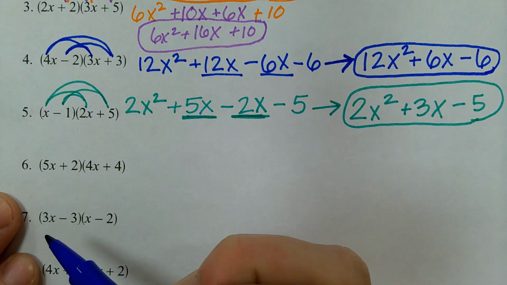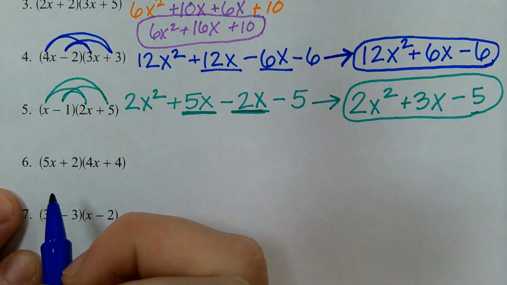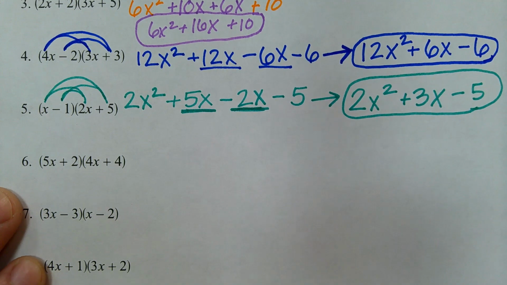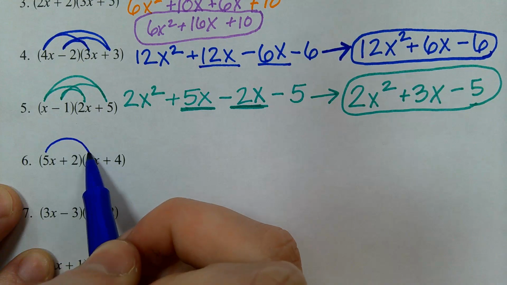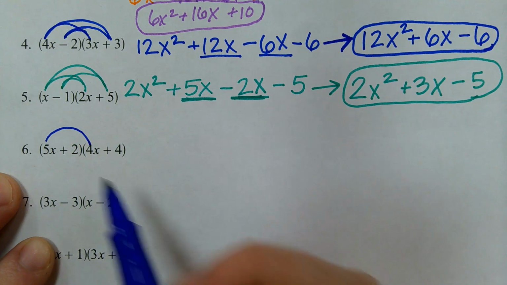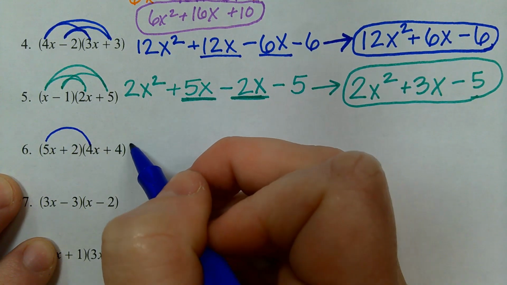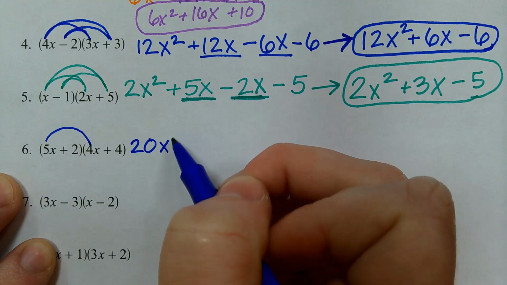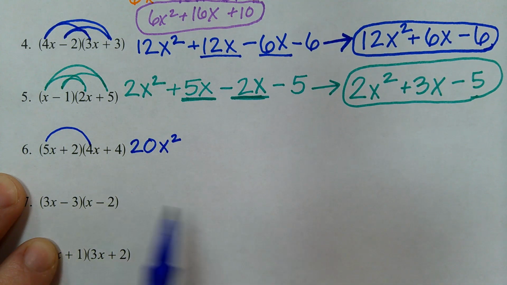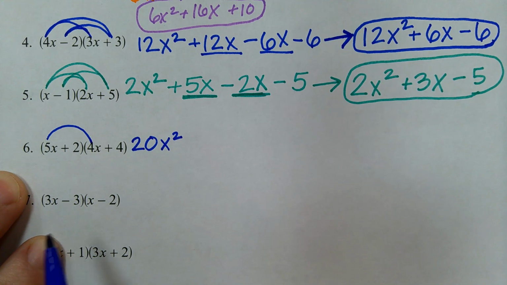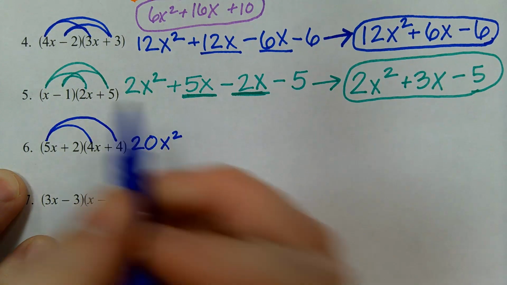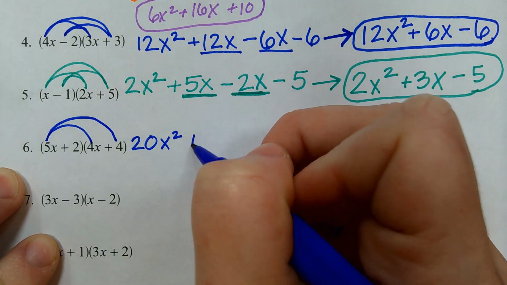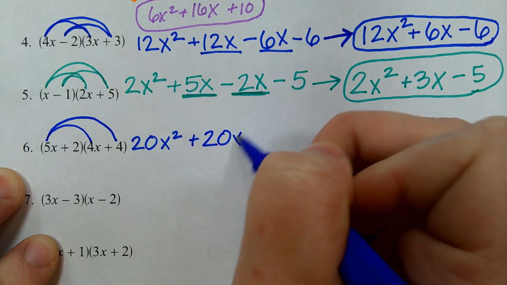Okay, let's go on to number 6. 5x plus 2 times 4x plus 4. 5x times 4x is 20x squared. Next step. 5x times 4 is 20x. Plus 20x.